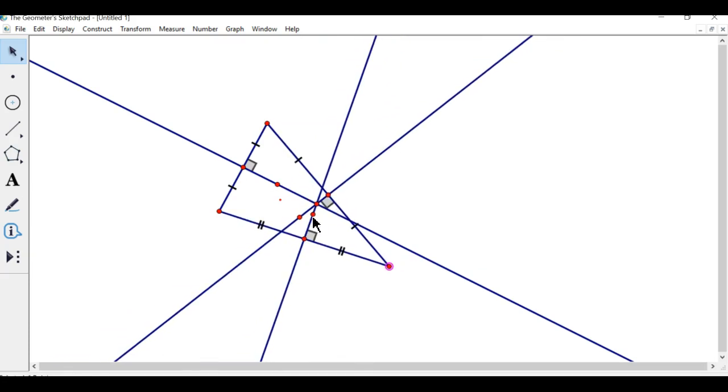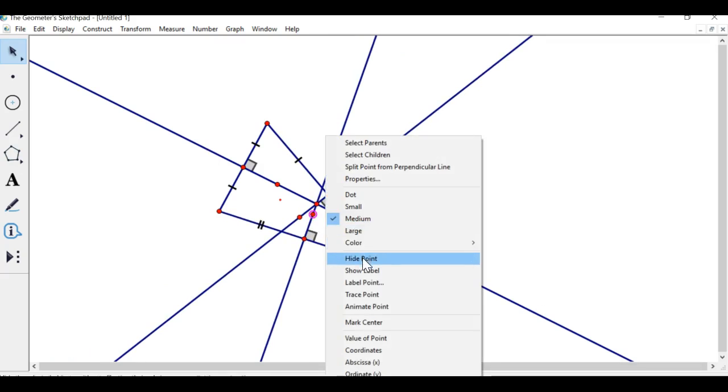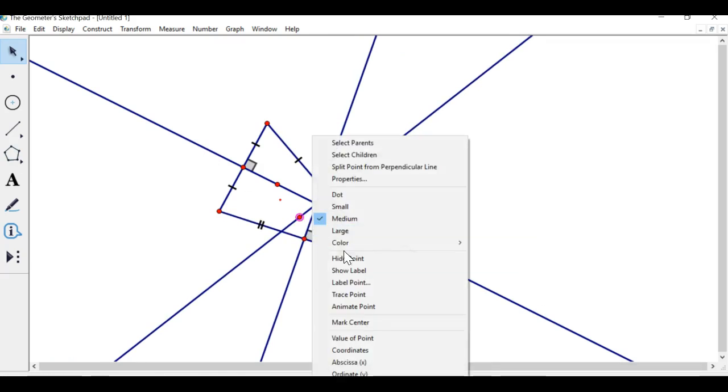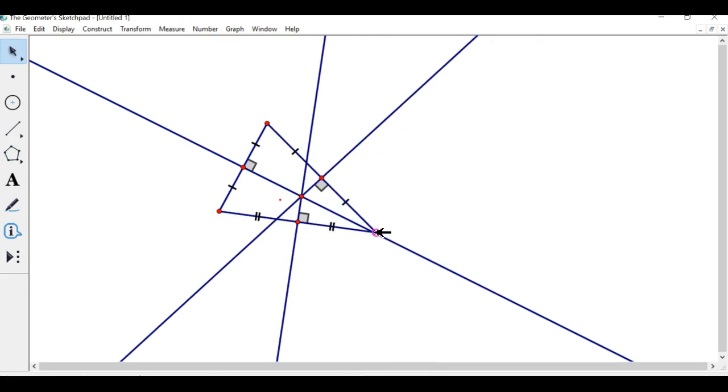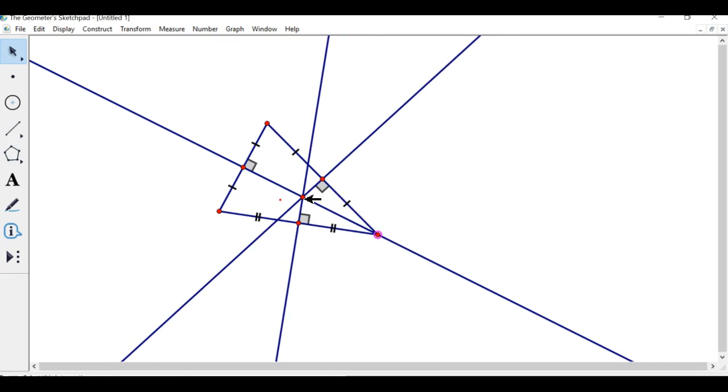Let me hide a couple extra points here so we don't have to see them. And there we go. So this is the point that is connected to the three perpendicular bisectors. Now, what's interesting here is if I measure the distance from this point to any of the vertices, from the center to that vertex is 3.93.